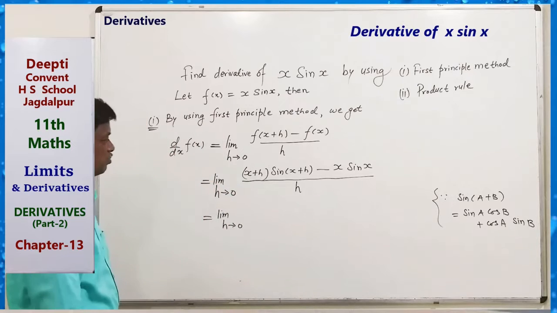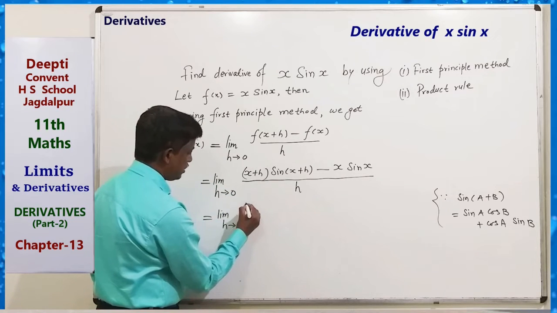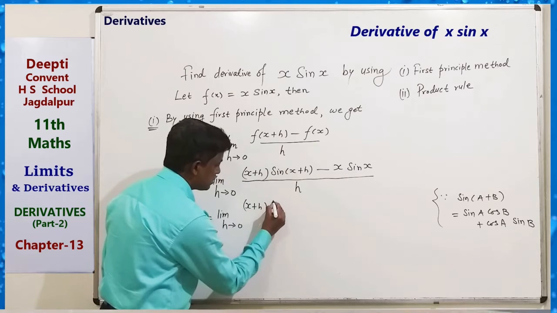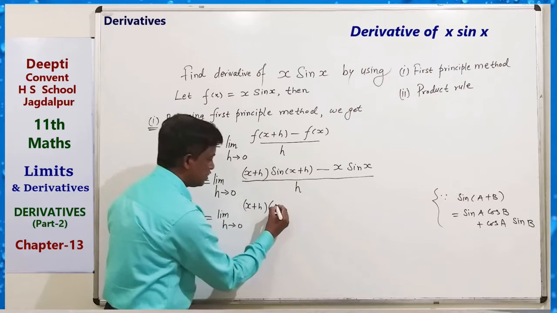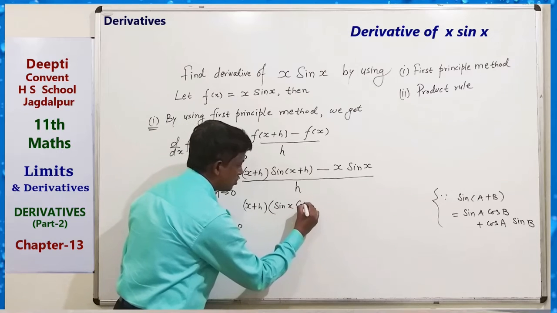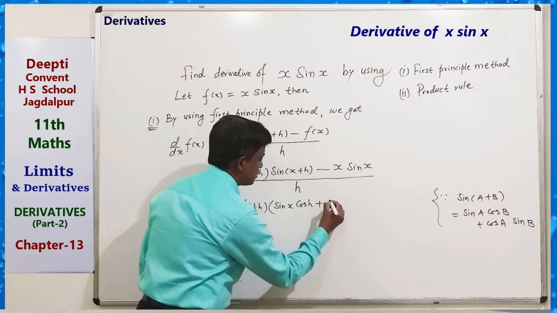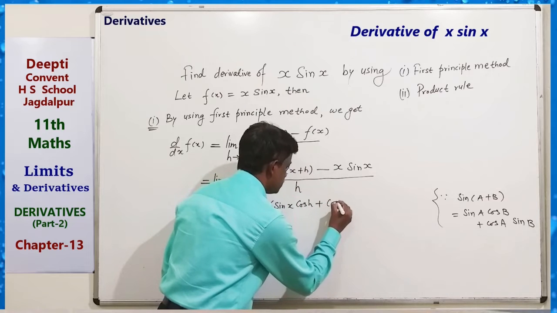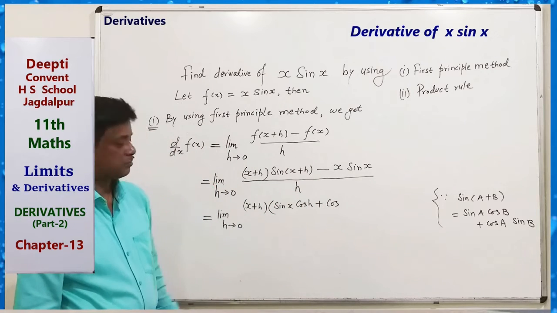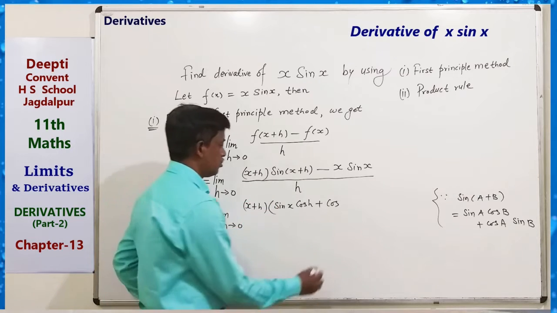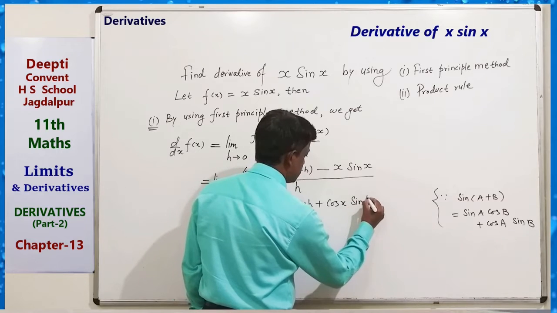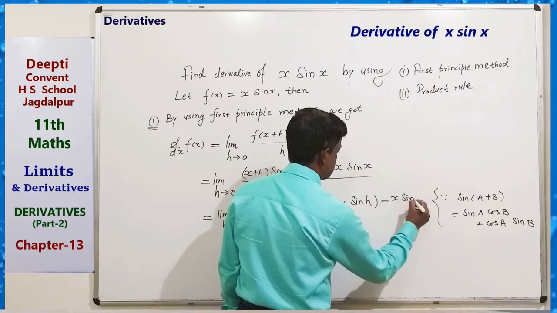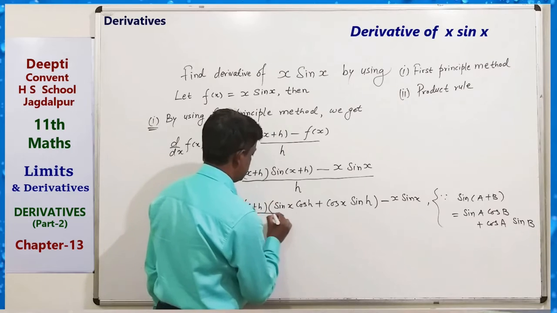So here, (x plus h) into [sin x cos h plus cos x sin h] minus x sin x, upon h.